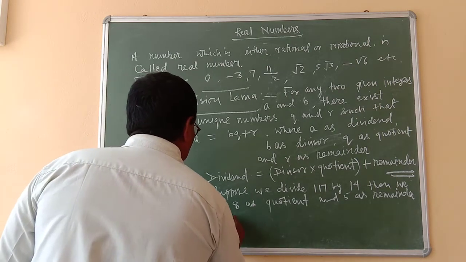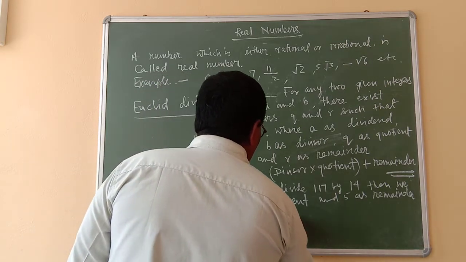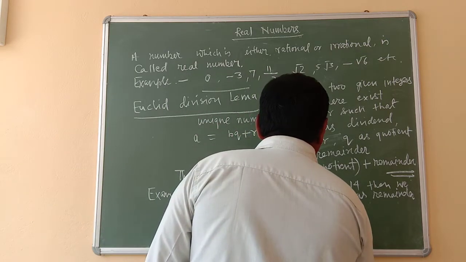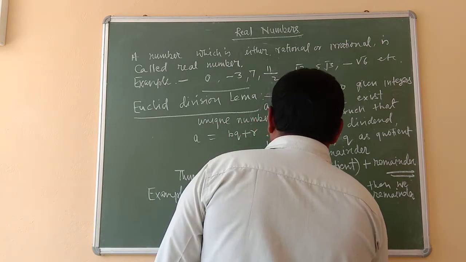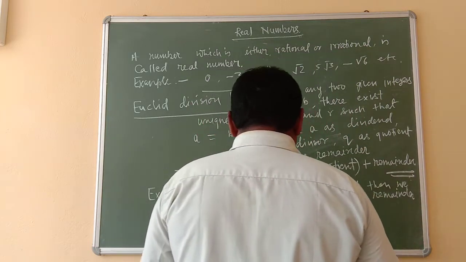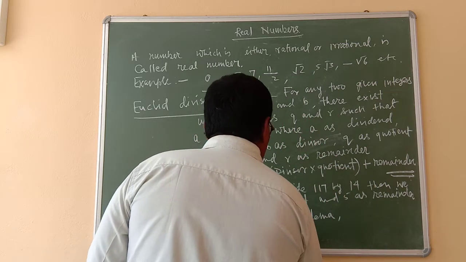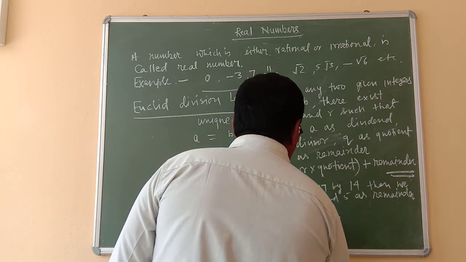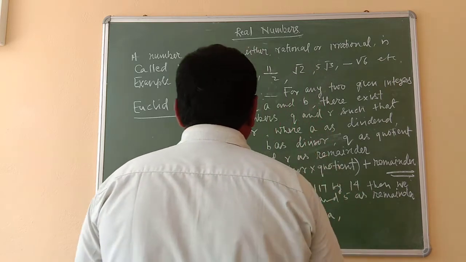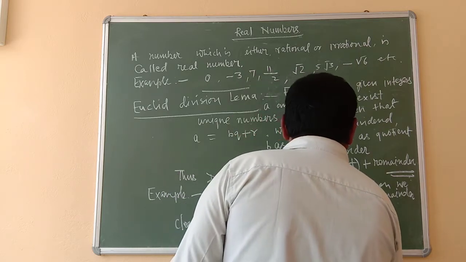Clearly, by Euclid division lemma, 117 is equal to 14 into 8 plus 5.